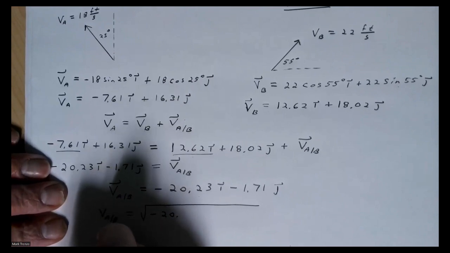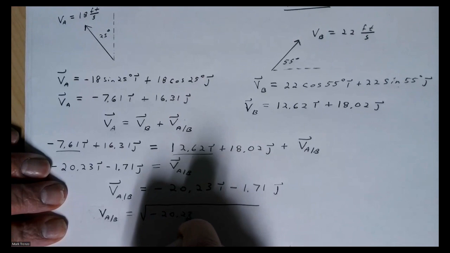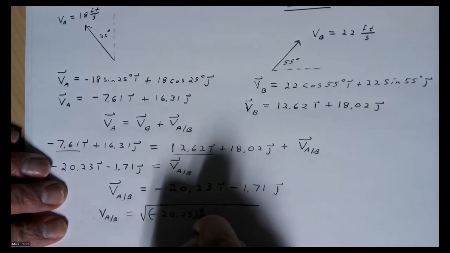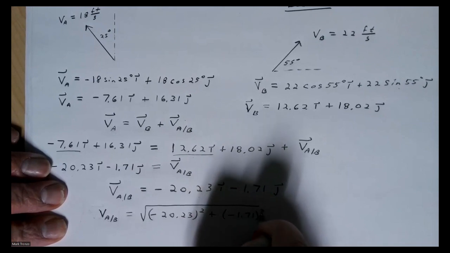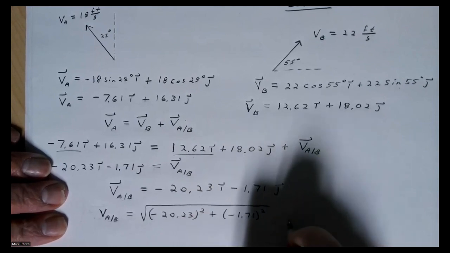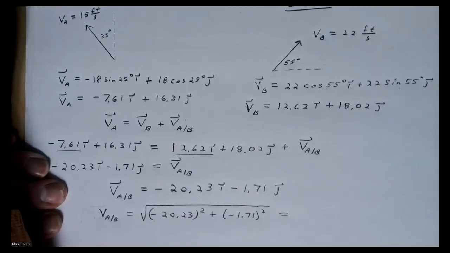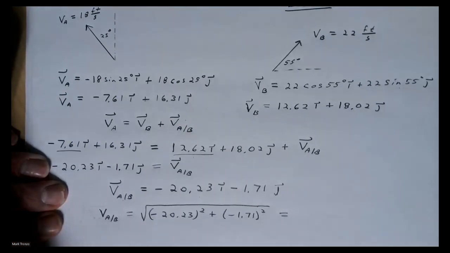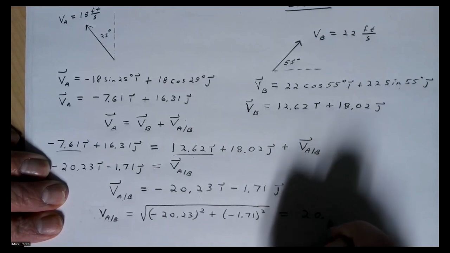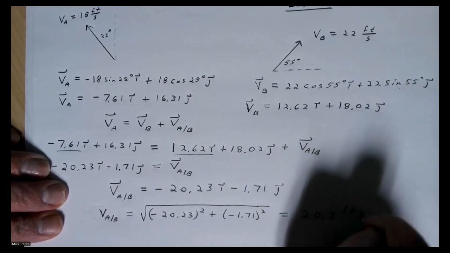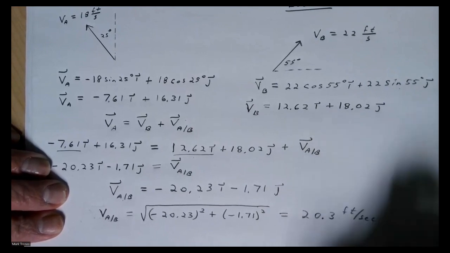We'll give the magnitude: the square root of negative 20.23 squared plus negative 1.71 squared gives 20.30 feet per second.